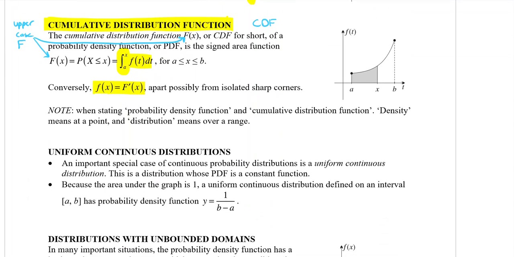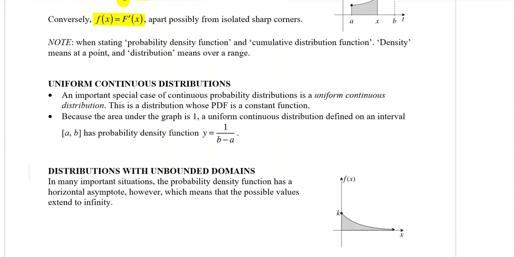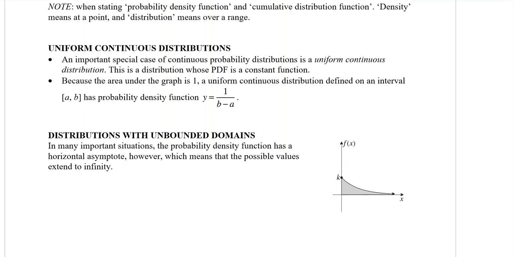Note, when stating probability density function and cumulative distribution function, density means at a point and distribution means over the range. Uniform continuous distributions: an important special case of continuous probability distributions is the uniform continuous distribution.